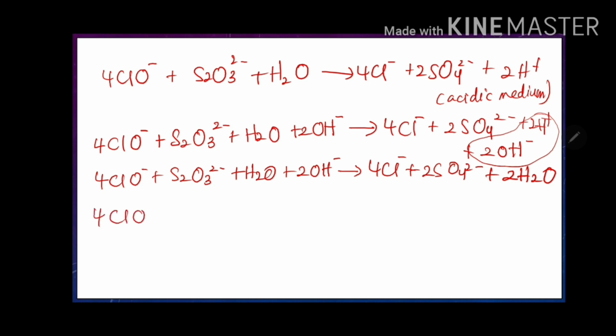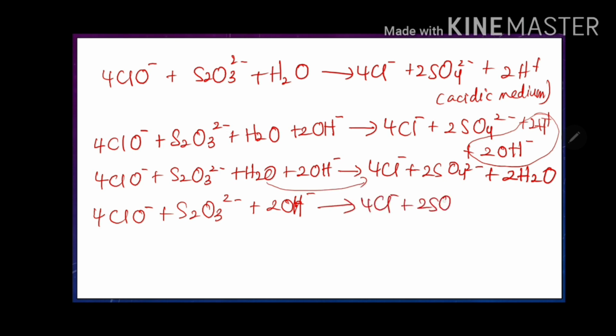So you get S2O3 2- plus 2 OH-, and on the right 4Cl- plus 2SO4 2- plus H2O. Again, if you can simplify the stoichiometric coefficients, factor the equation. So no, alright, meaning you have done.